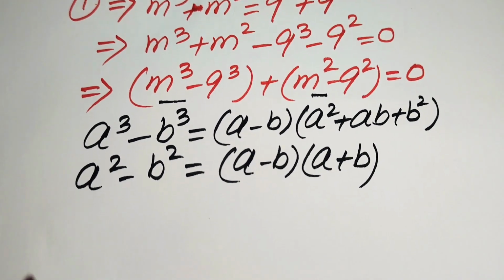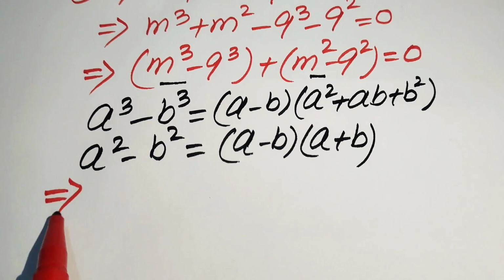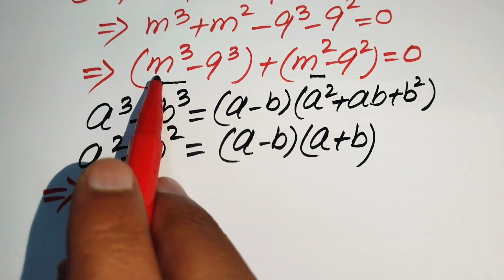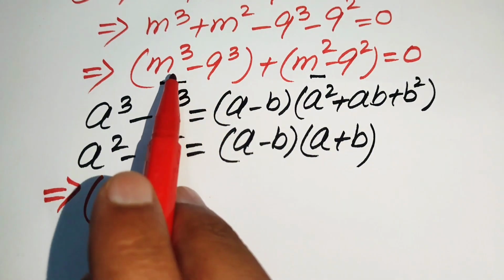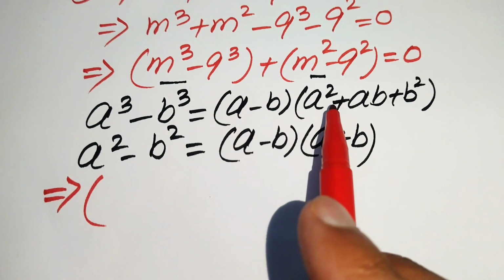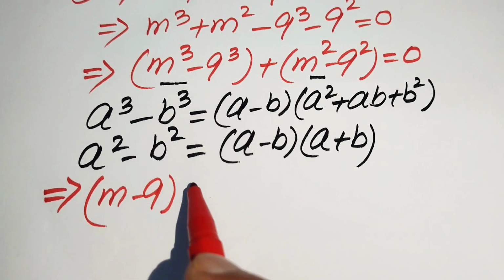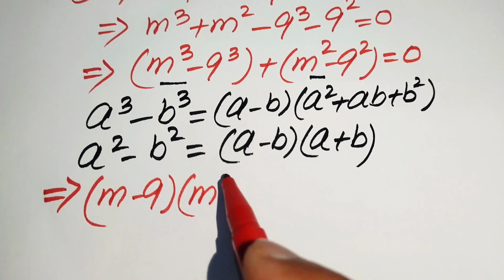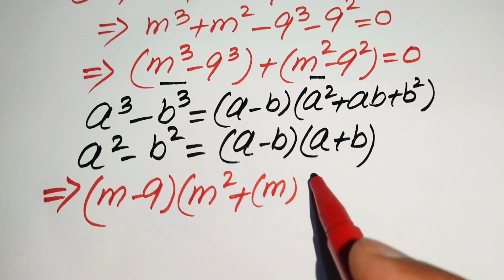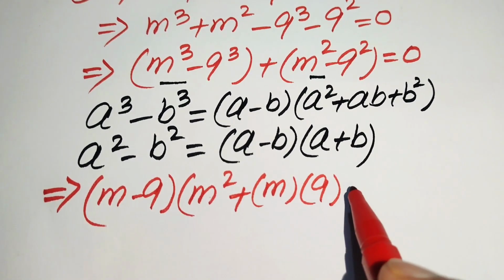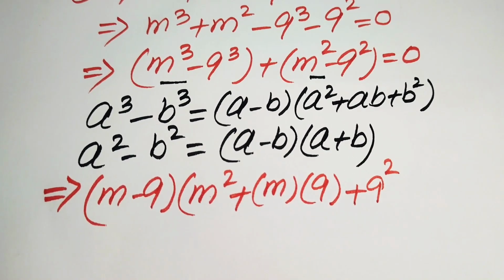So now we again move towards our above equation, and we first apply the cubic formula on this term. Here the value of a is m and the value of b is 9. So you just substitute the values of a and b in this formula, and it will be written as m minus 9 times m square plus ab, so a is m and b is 9, plus b square, so b square is 9 square.